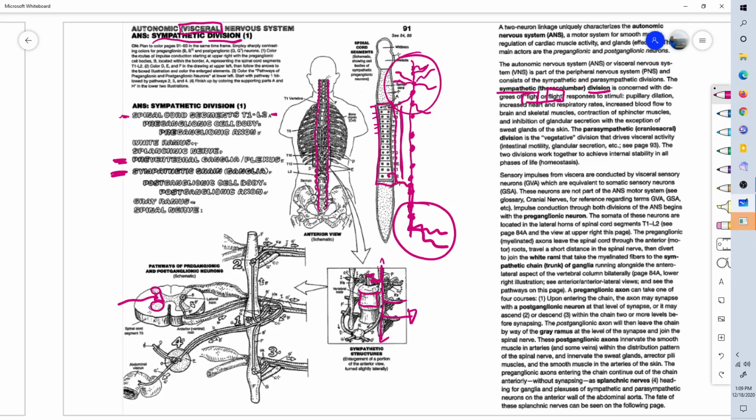And so what does your sympathetic system do? Well, it gets your organs and glands and muscles and everywhere prepared to fight or flee.